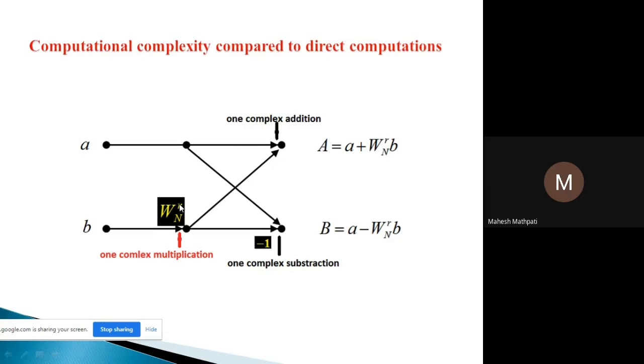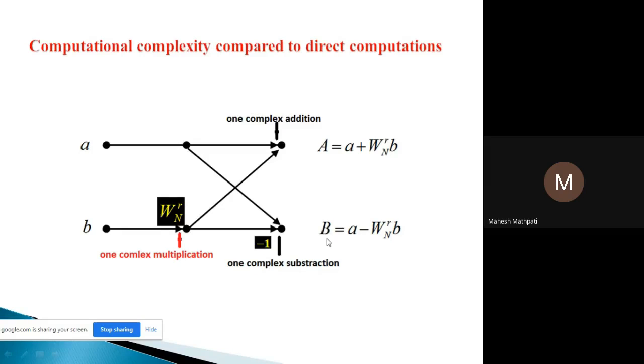We are having the habit of writing k instead of r, so just write it as k. This is just a notation change, right? This complete operation we are calling one complex addition.